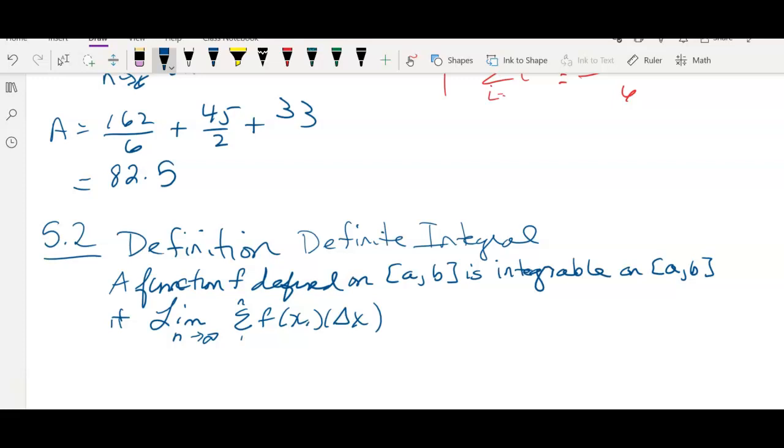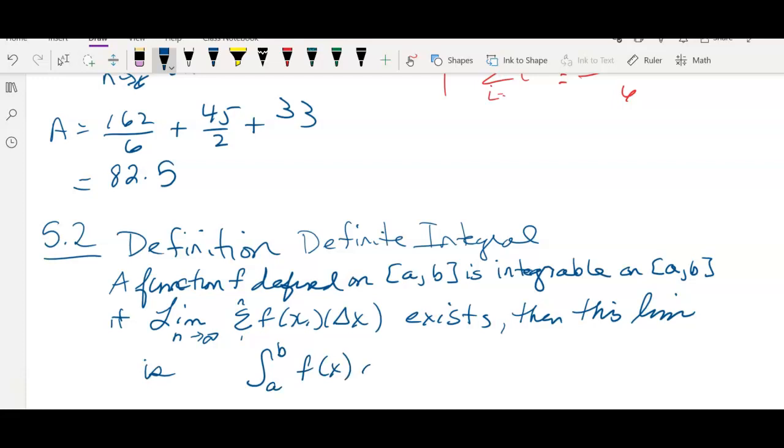If this limit exists, then this limit is the integral from a to b of f of x dx.